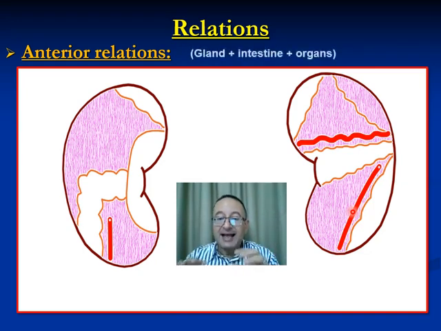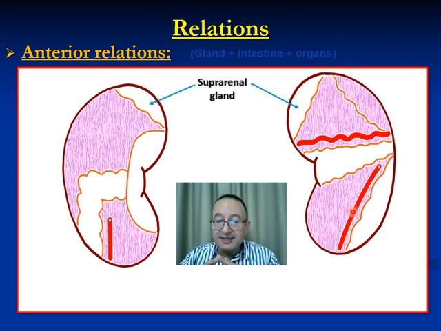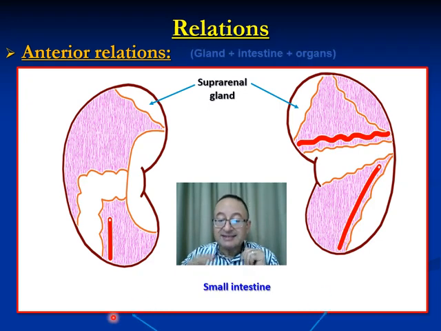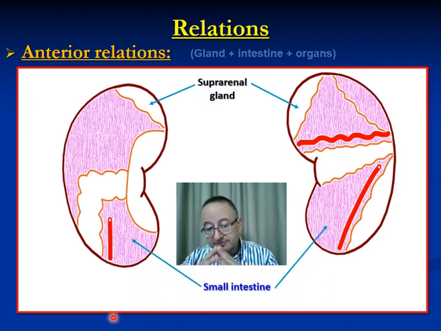By this arrangement, the upper and medial part of both kidneys is related to the suprarenal gland. So I have finished the first item. I'll shift to the second item, which is intestine. Yes, the first part is also similar on both sides: the lower medial part is related to small intestine.